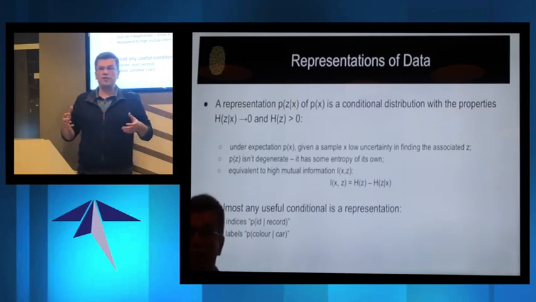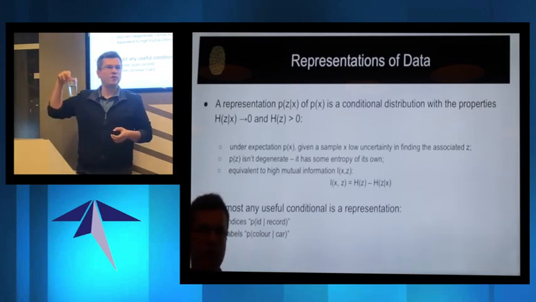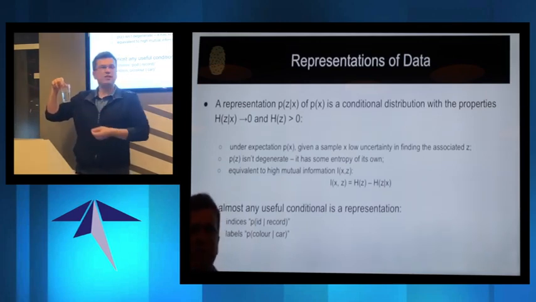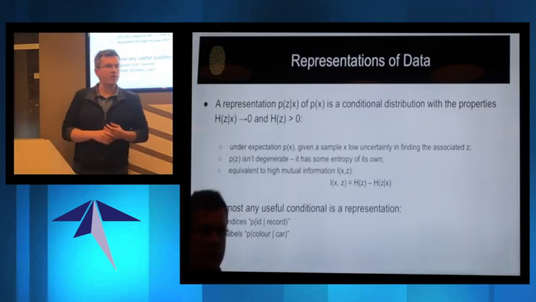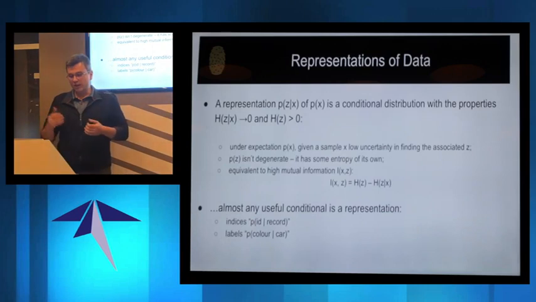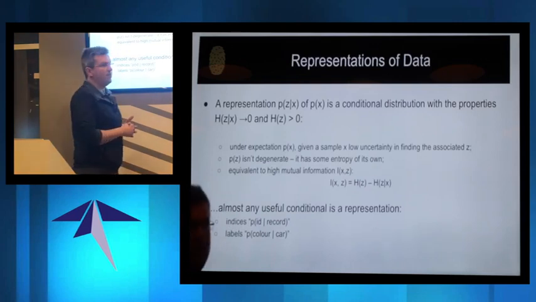So, for instance, if I really don't know what's in this class, the entropy of the distribution of what's in it is large, and it goes to 0 if you're fairly certain what the outcome is going to be. So it's always a positive number, and it's the basis for defining in a certain sense what a representation of data is.